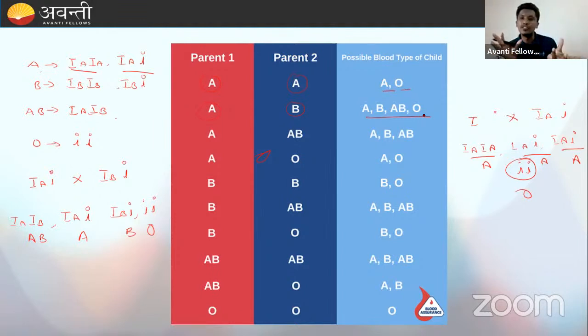These are the possible questions that can be posed in your NEET examination. How we can solve is we just look at the blood groups given and establish what kind of genotype they might have. Using this technique, you can establish the possible variants we can get through these combinations.